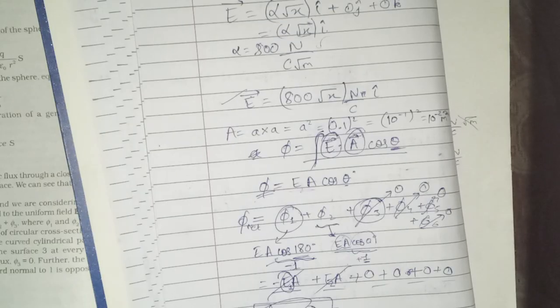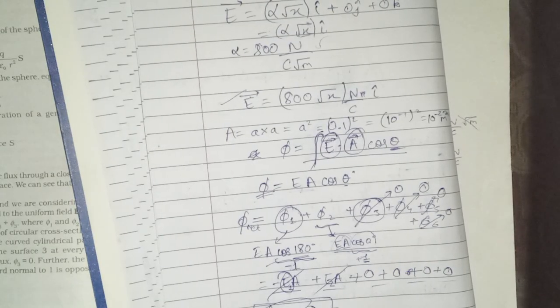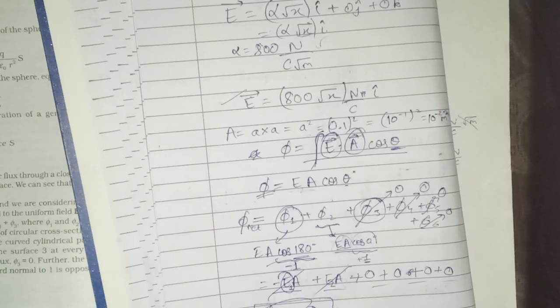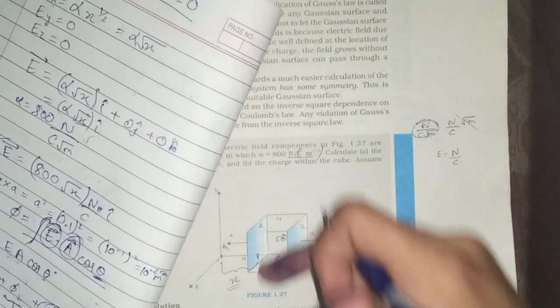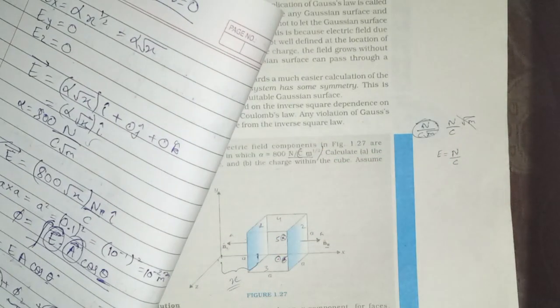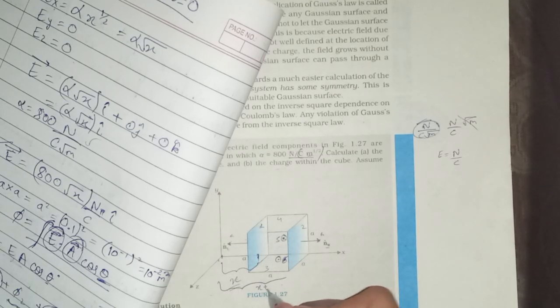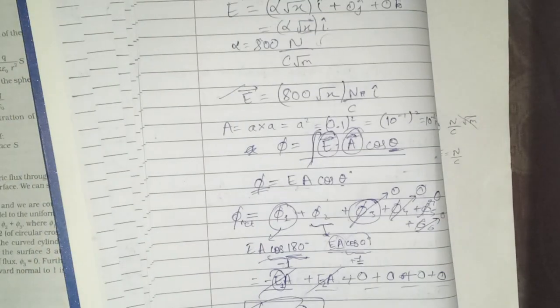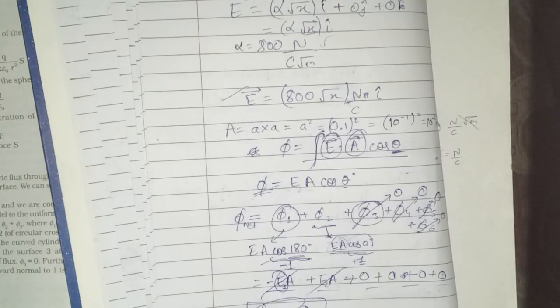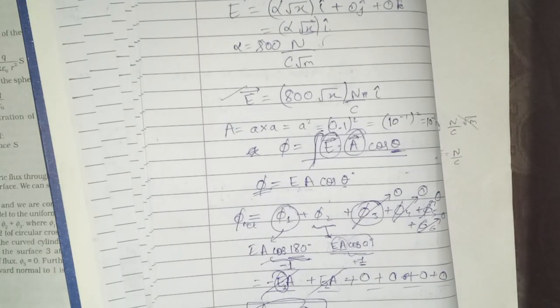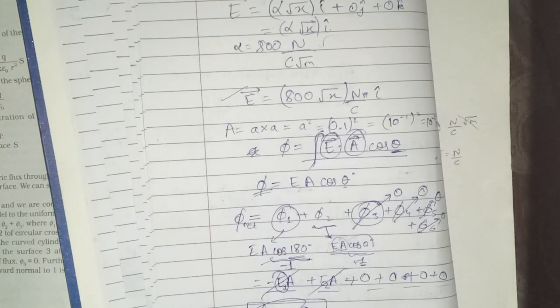And for E2, it is something like x plus a, so we get alpha times root of (x plus a) into 10 to the power minus 2.